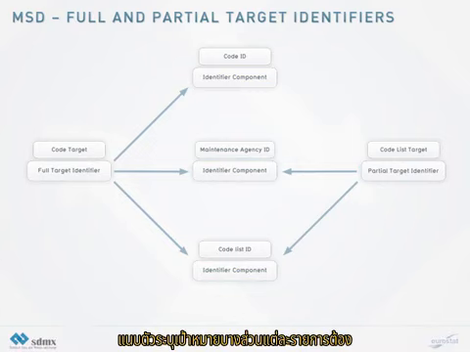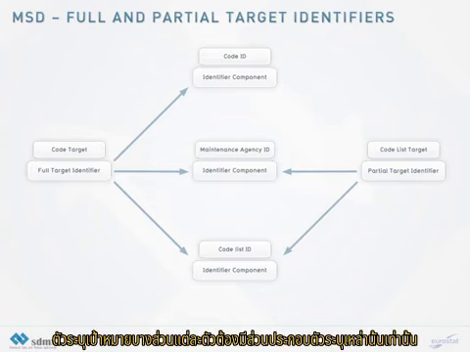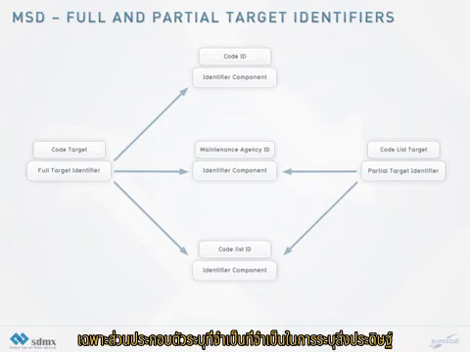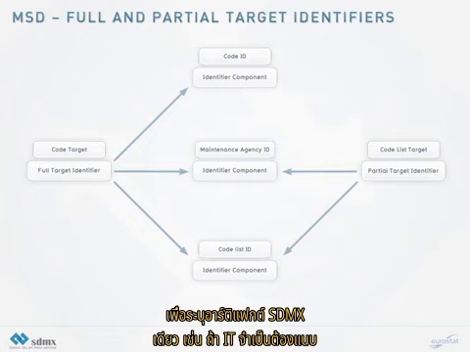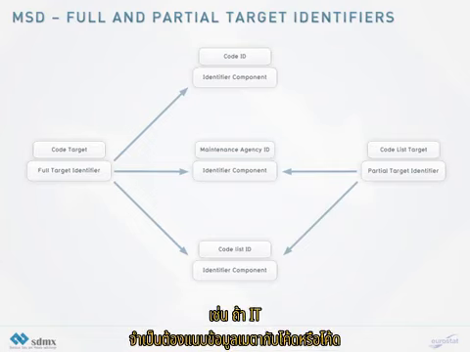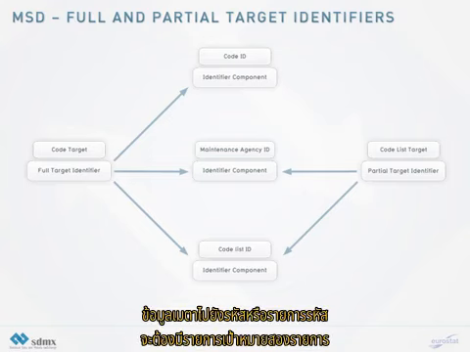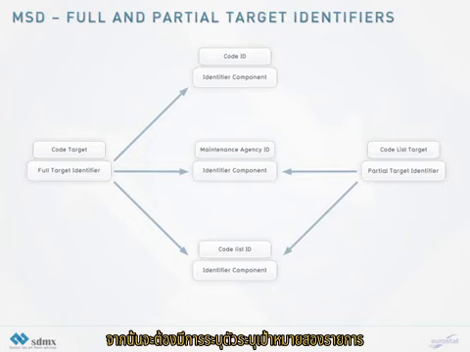Each partial target identifier must contain only those identifier components required to identify a single SDMX artifact. For example, if it is required to attach metadata to either a code or a code list, then there must be two target identifiers specified.